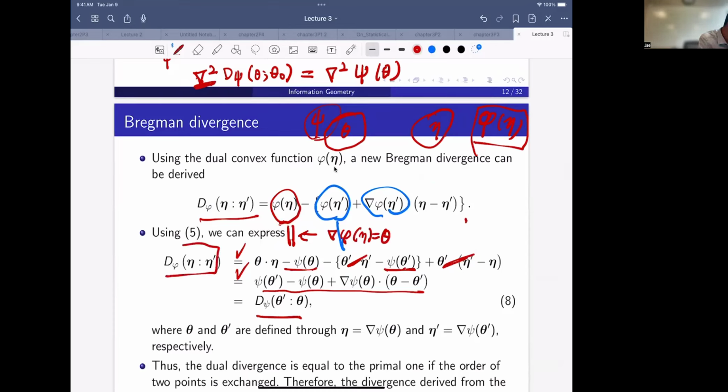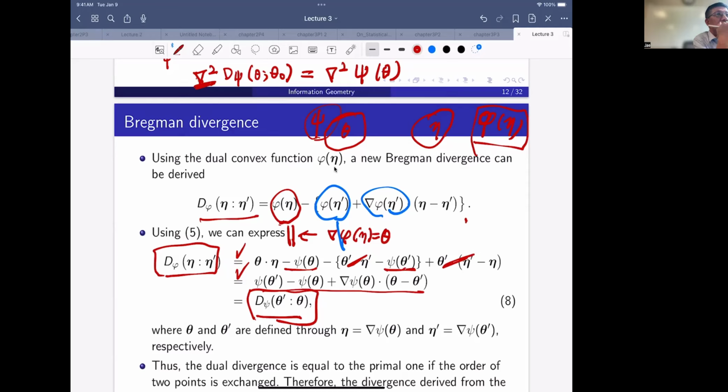So there's a very nice, beautiful result: whatever distance between the two points in one coordinate system can be matched to the other system as long as we use the convex conjugate, as long as the generators are convex conjugate to each other.